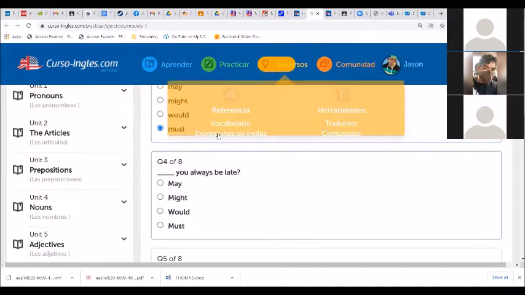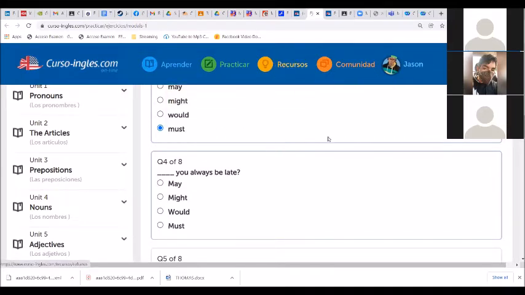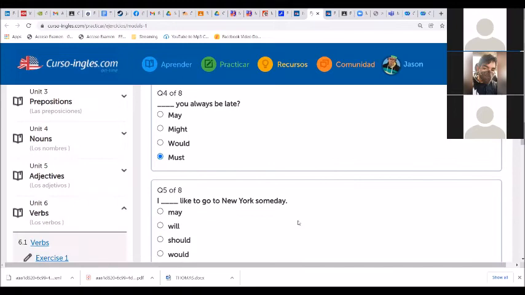Same thing with 100% obligation is the same thing we use for rhetorical questions. Must you always be late? What's wrong with you? All right? Because this is a repeated action from the person. Number 5, Emma.